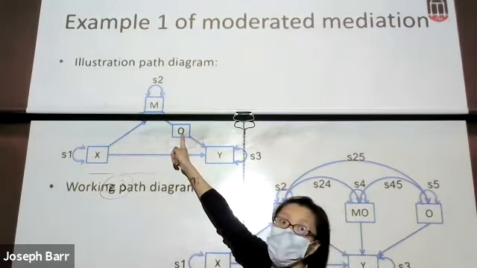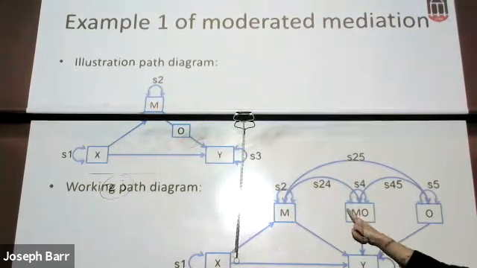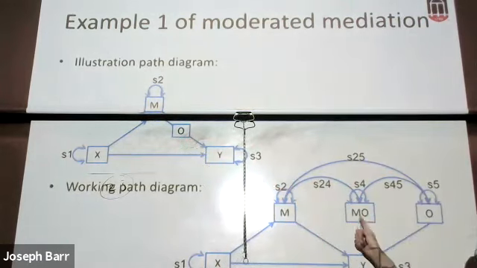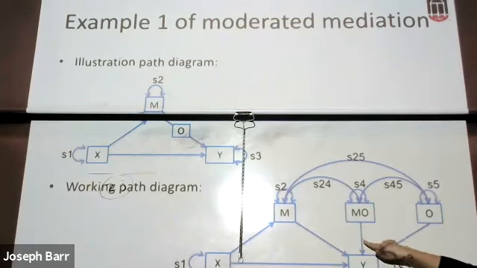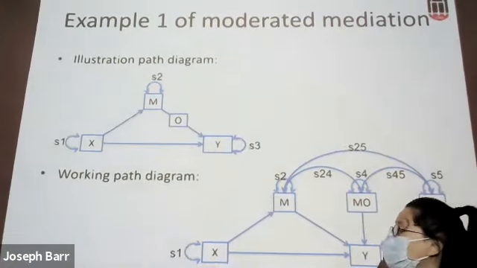But this test might be different, might be moderated by O. So you need to investigate the interaction term between M and O, and the original moderator here. You're gonna check this test, MO, the coefficient of the interaction term, if it is significantly different from 0 or not. And then you can see if it's a moderated mediation or not.